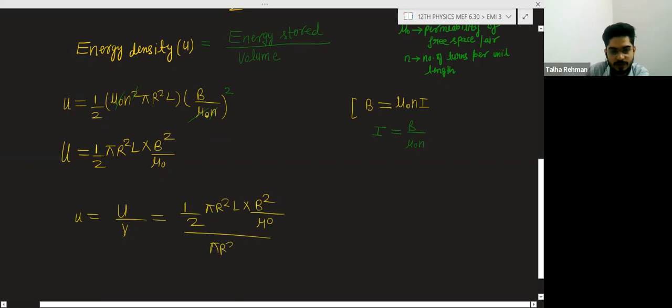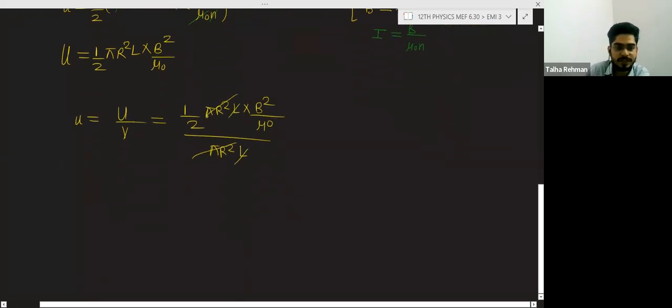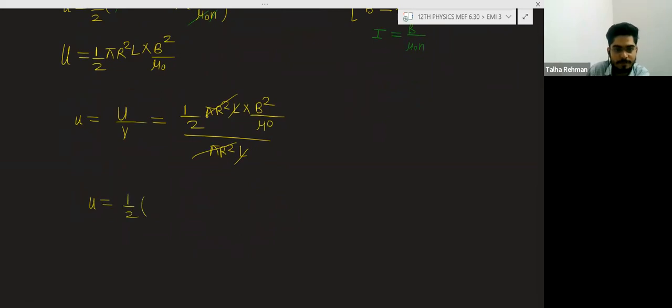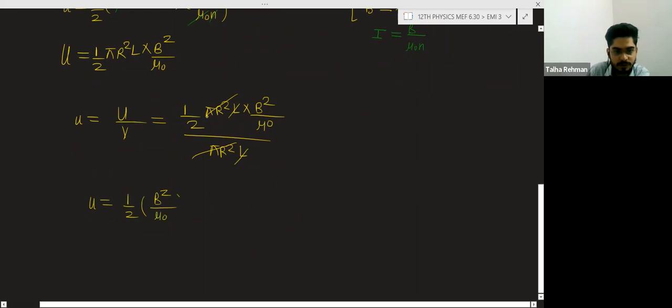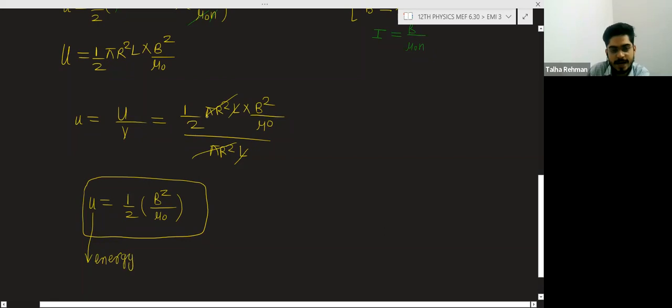Pi r square into L. So pi r square and pi r square will cancel out, and L and L will cancel out. So energy density will be half of magnetic field square divided by mu naught. This small u is your energy density.